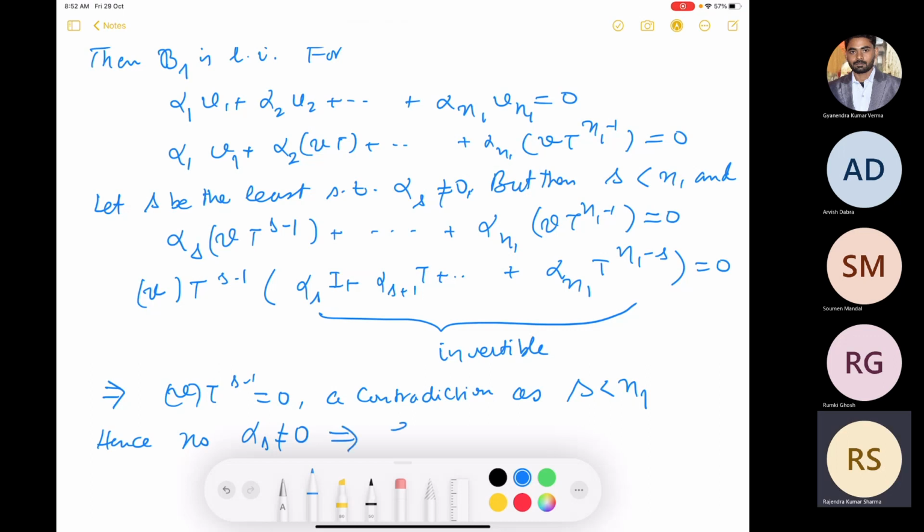And that means each alpha i has to be 0. So what we have got is that B1, which is v, vt, vt square up to vt^(n1-1), where n1 is the nilpotency index, is a linearly independent set of vectors. And call the subspace spanned by this linearly independent set V1.